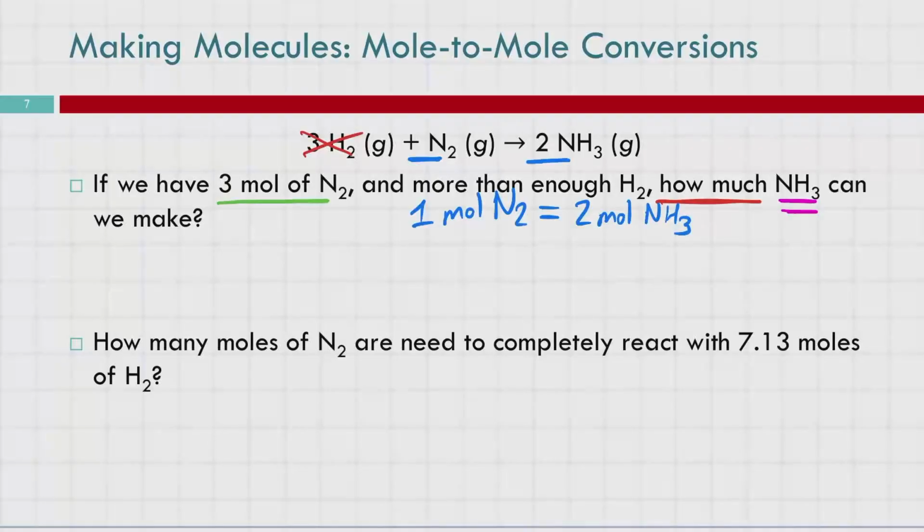So starting with our 3 moles N2, to get rid of the moles N2, we need to put the moles N2 from our conversion factor, our stoichiometry, on the bottom. So we're going to put 1 mole N2 on the bottom.